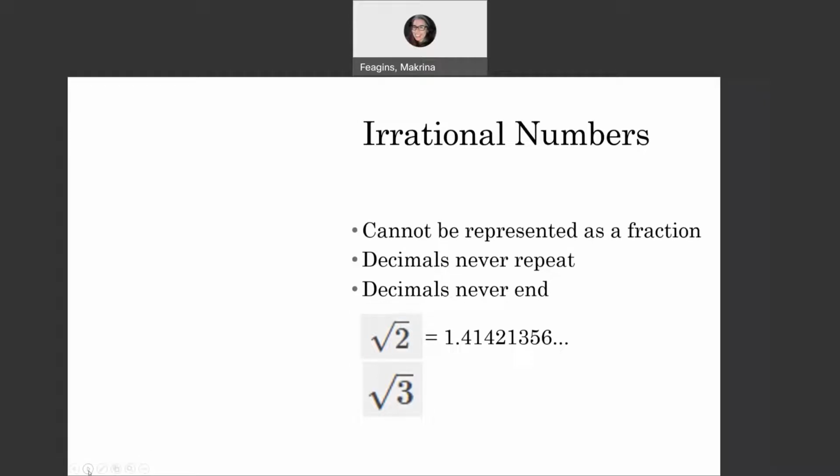Well, irrational numbers are exactly the opposite of rational numbers. They cannot be represented as a fraction. The decimals never repeat and the decimals never end.